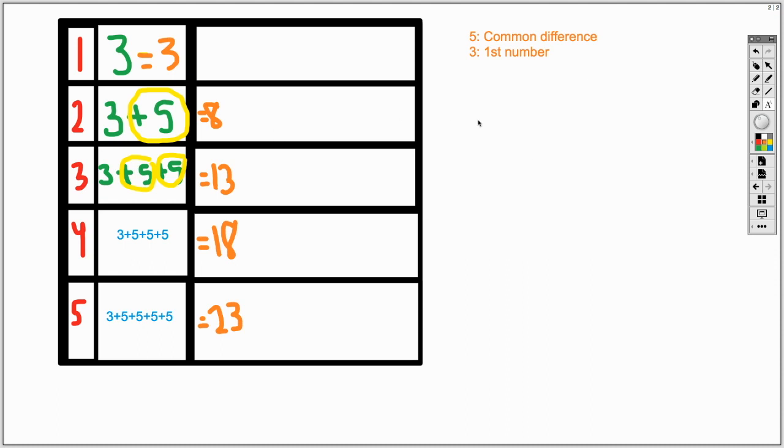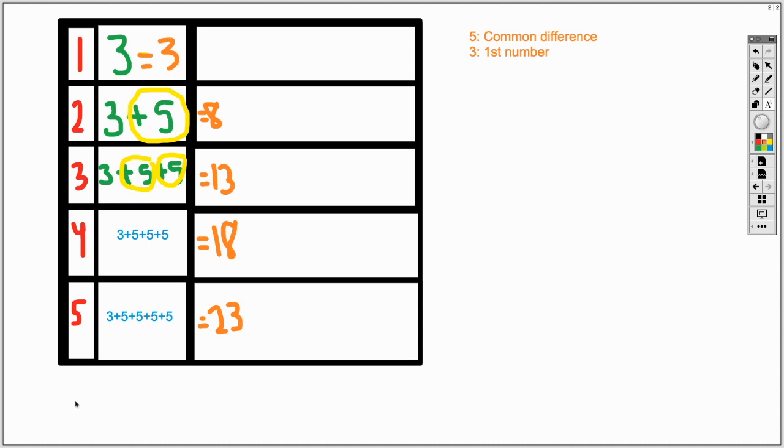If I only know these two things, then I can make an equation out of it. Instead of constantly adding 5, 5, 5, 5, I can just do a simple equation, plugging in my numbers, and I'd get a solution instead of doing it this way, which would take forever. Imagine if we wanted to find the 23rd number.